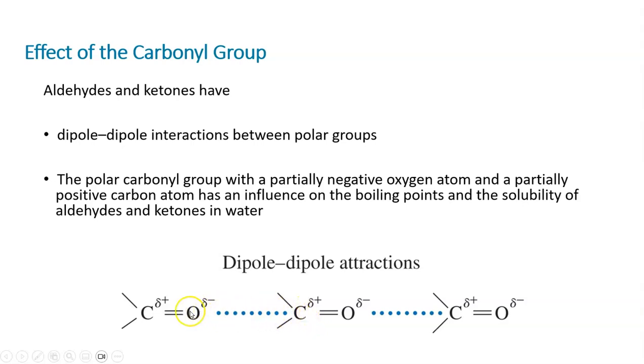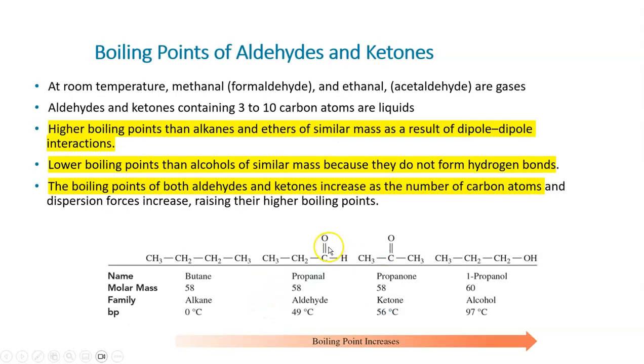We call these interactions dipole-dipole interactions. And remember, these interactions occur between two molecules. So these types of interactions are known as intermolecular interactions. Now these intermolecular interactions are affecting the boiling points. Now we will see how the boiling points are affected.